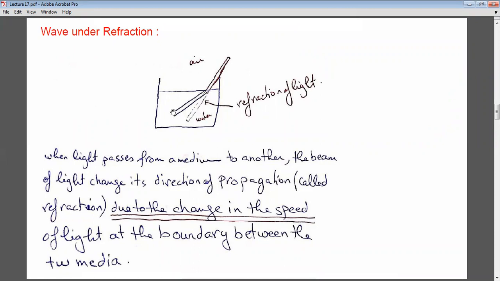When light passes from one medium to another, the beam of light changes its direction of propagation. We call it refraction, due to the change in the speed of light at the boundary, because the speed of light in air is different than the speed of light in water. This is why we will observe that the object changes direction.